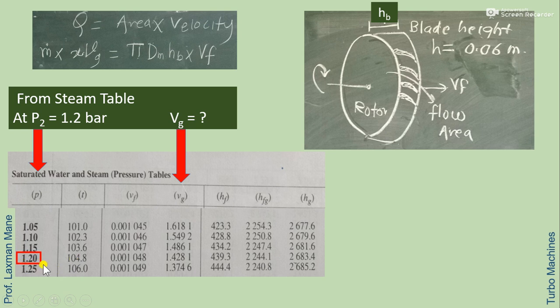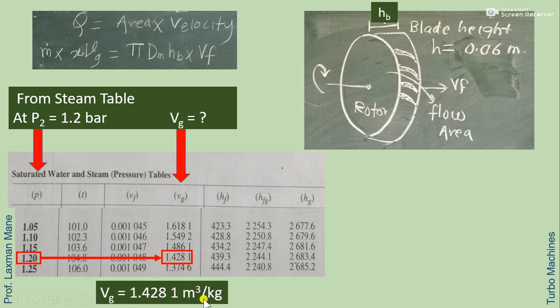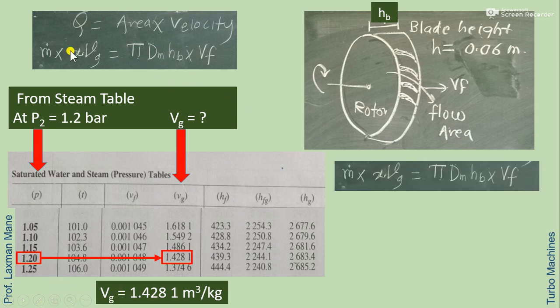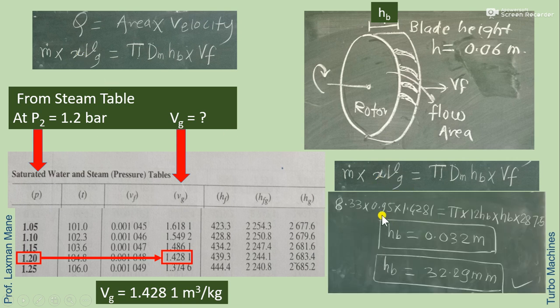Then locate the value of 1.2 bar, then project horizontally on the specific volume column, and here we will find this value, that is 1.4281 meter cube per kg. But this is a value of saturated steam, and we are given dryness fraction value 0.95. So we can use this now in the formulae.